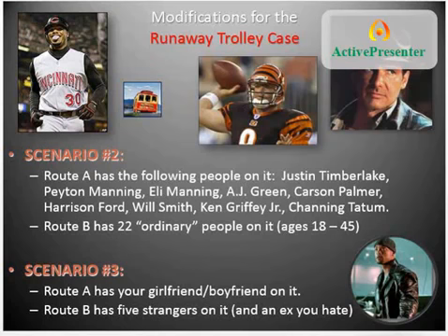So you can't have these personal vendettas, or this duty to your girlfriend or boyfriend that would supersede your duty to the maximal consequences. So, scenario number 3, you run over your girlfriend or boyfriend to save the 5 strangers and an ex you hate.